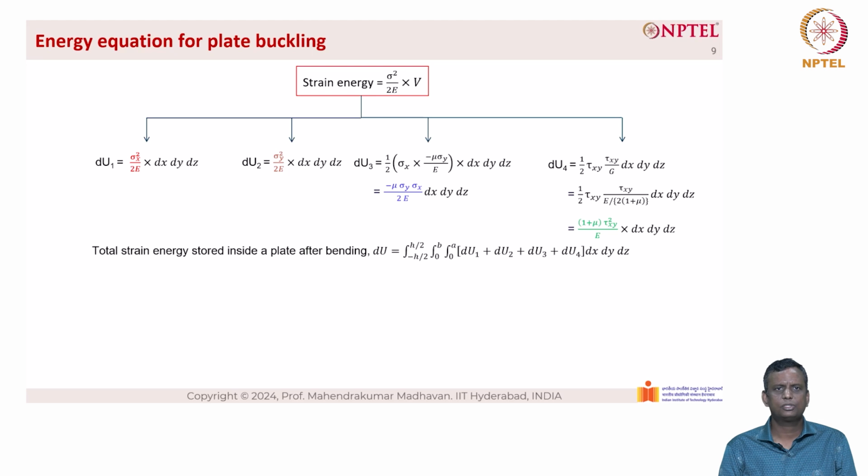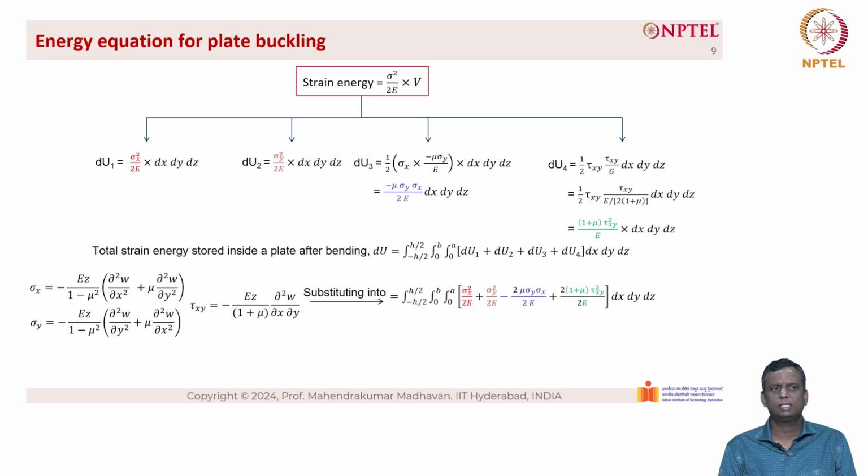Now the strain energy stored inside a plate after bending is given as the integral of minus h by 2 to h by 2, which is the integration in the thickness direction, and in the width direction it is 0 to B, and in the length direction it is 0 to A, of dU1 plus dU2 plus dU3 plus dU4 into dx, dy and dz. Now this can be further simplified by substituting the values of dU1, dU2, dU3 and dU4 above.